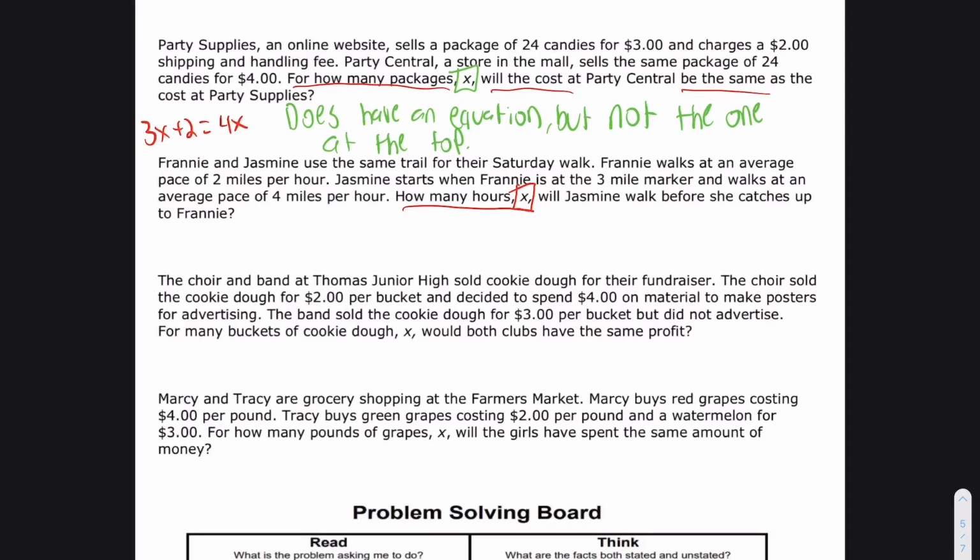Jasmine starts when Franny is at the 3-mile marker. So Franny is at the 3-mile marker whenever Jasmine starts. That means that Franny is already 3 miles ahead of Jasmine.